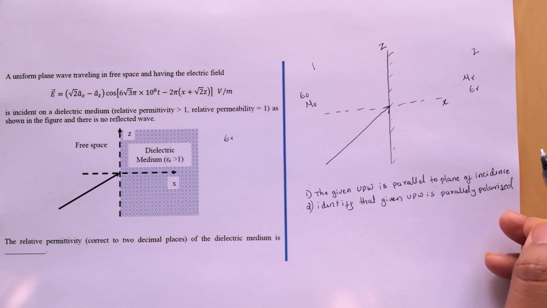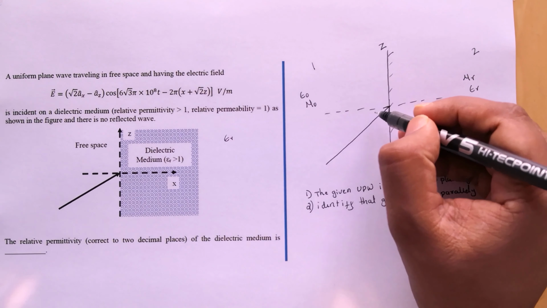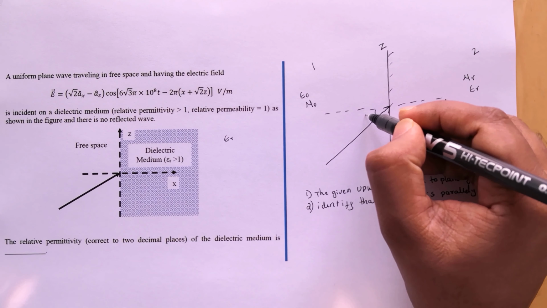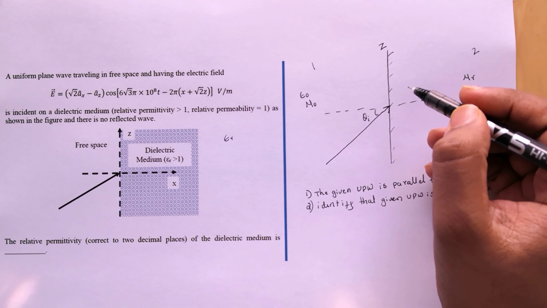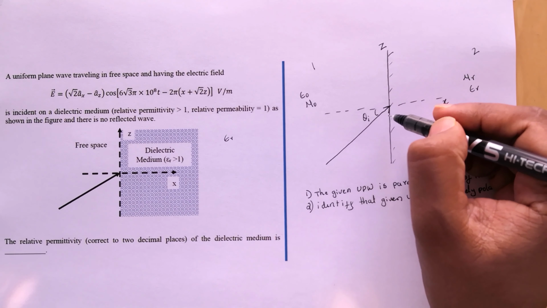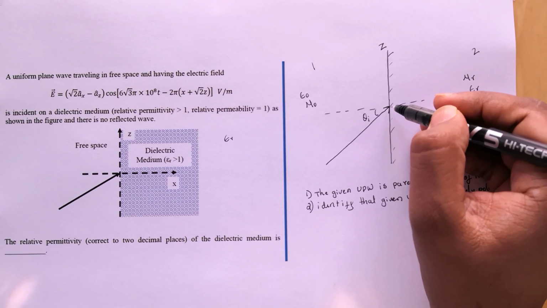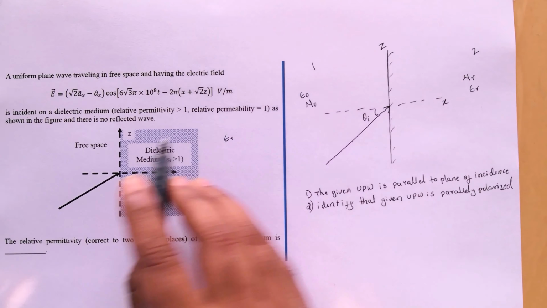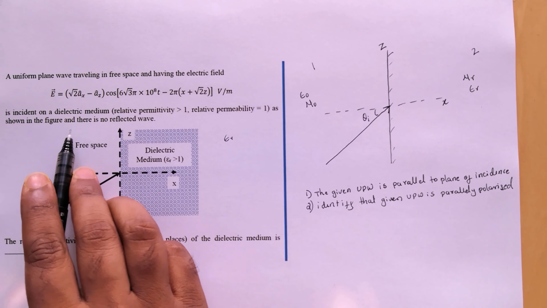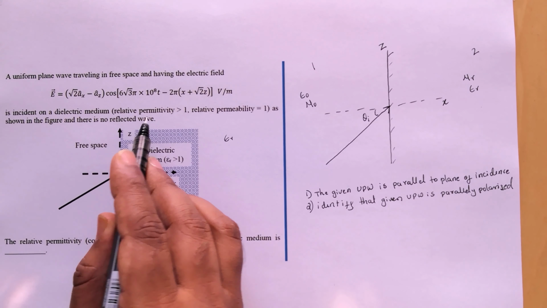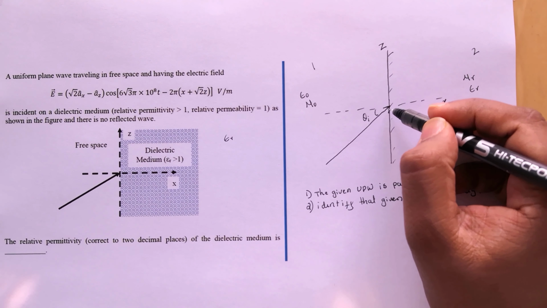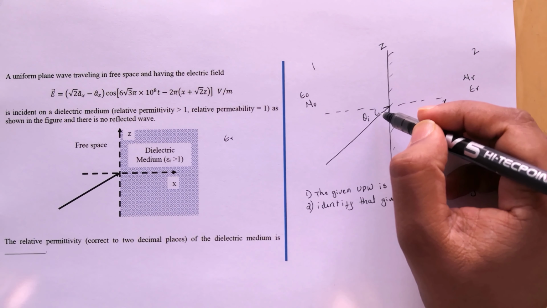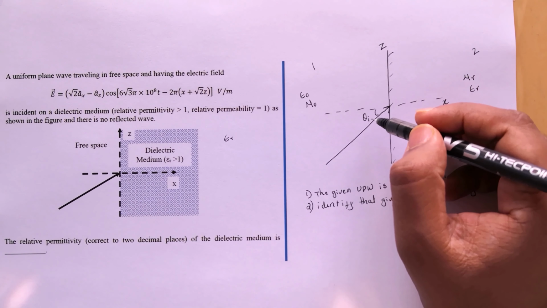If the wave is incident at, let's say, theta I, and this theta I is equal to the Brewster's angle, which can be said as theta B, then at this point there is no reflected wave. Since the question mentions that there is no reflected wave, it means that this wave is hitting the dielectric medium at an incident angle of theta B, which is the Brewster's angle.